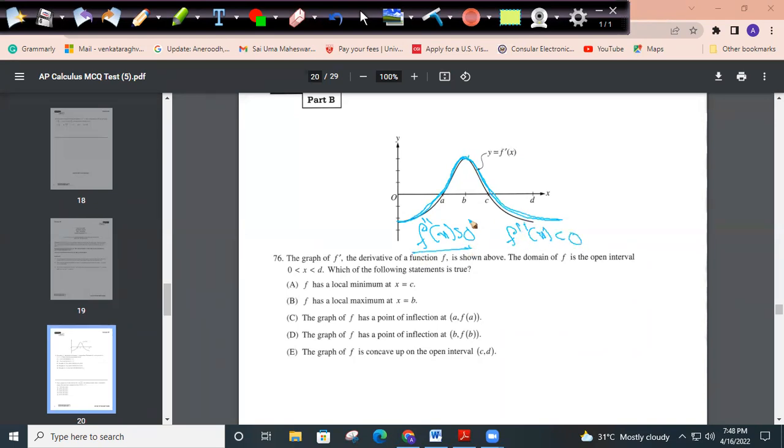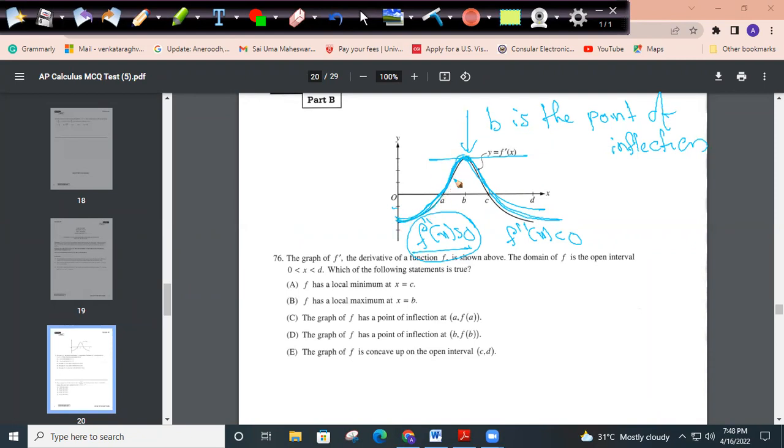So the function is changing from concave up to concave down, or concave down to concave up, which is also my answer. So f double dash x goes from greater than 0 to less than 0. So B is definitely the point of inflection.